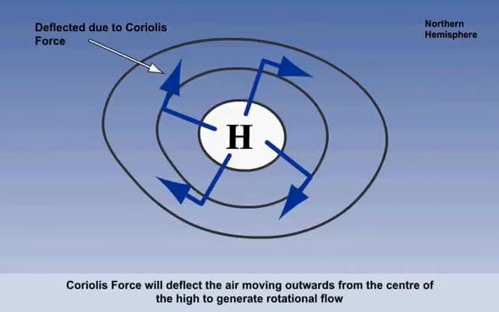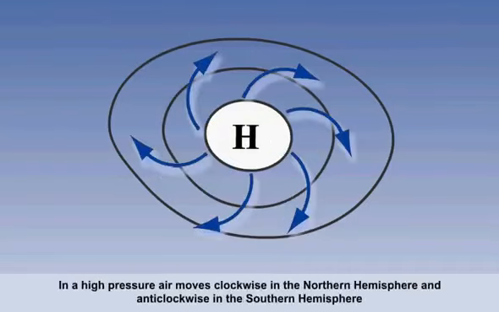If you remember, it deflected winds to the right in the northern hemisphere and to the left in the southern hemisphere. In summary, we can say that air moves around high pressures clockwise in the northern hemisphere and anti-clockwise in the southern hemisphere. Notice here that the isobars are widely spaced, indicating light winds.